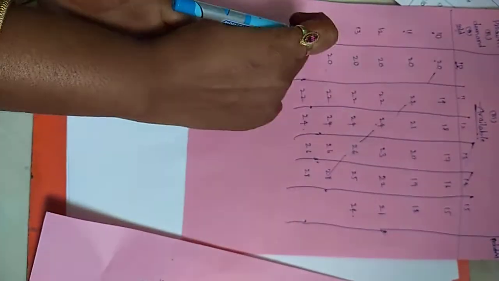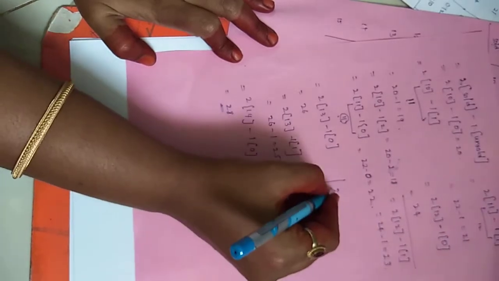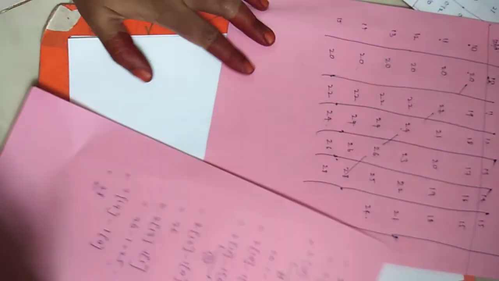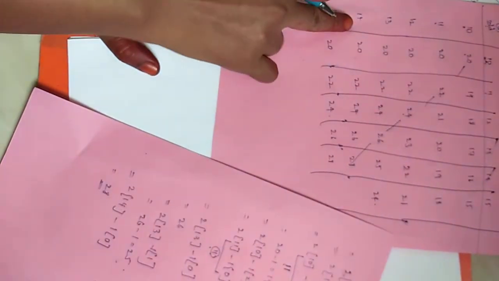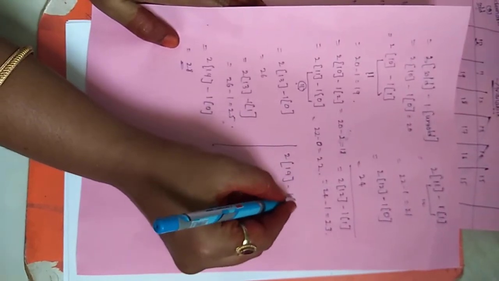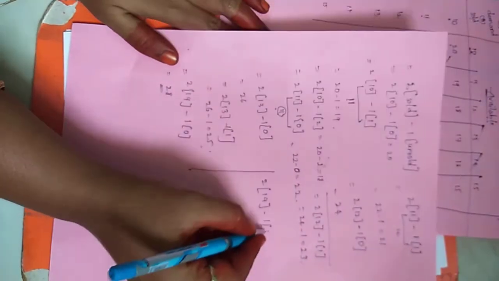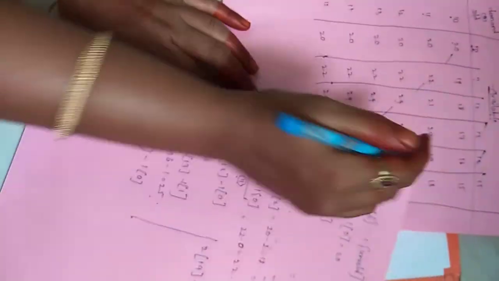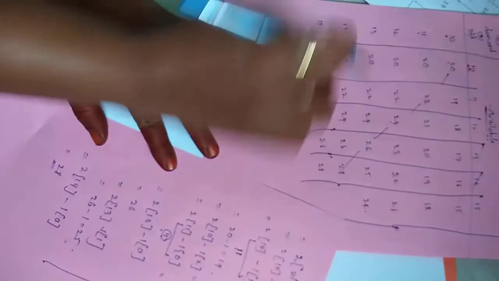Next, available are 15 but we sold only 14. It means 2 into 14 minus 1 into 1, because available are 15 and we sold 14.